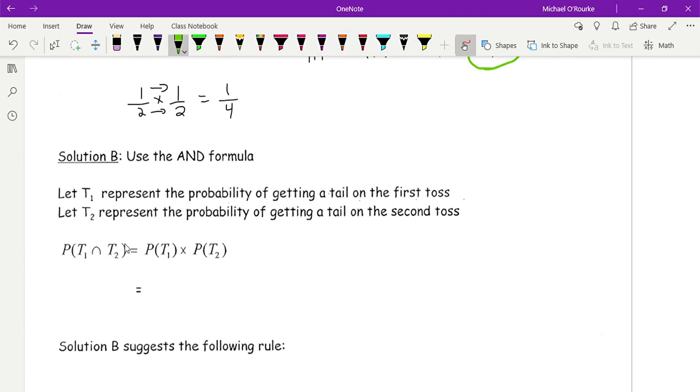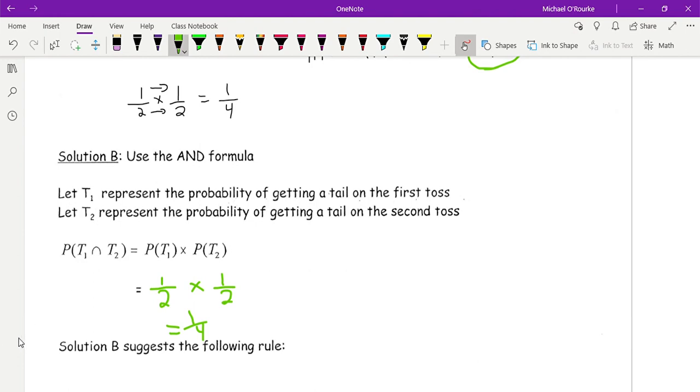If T1 is the first flip, the probability of getting a tail is 1 out of 2. The probability of the second flip is 1 out of 2, which equals 1 over 4, which we did informally up here.